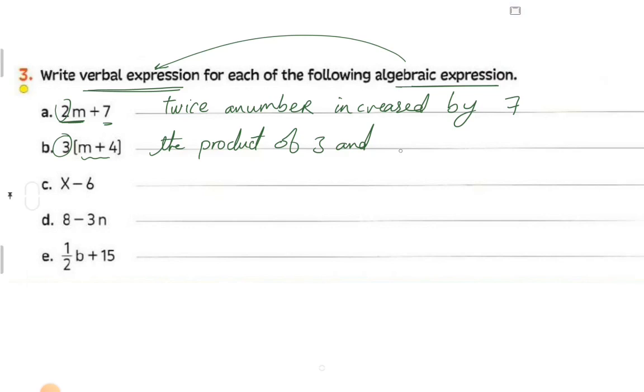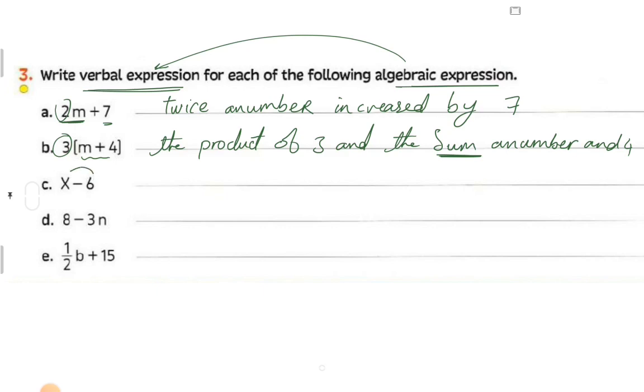The product of 3 and the sum of a number like m and 4. Okay, so 3 times the sum of a number and 4. Because of the bracket I use this.